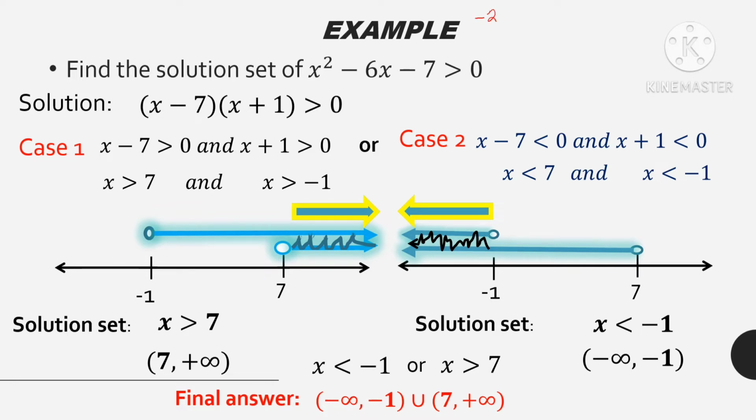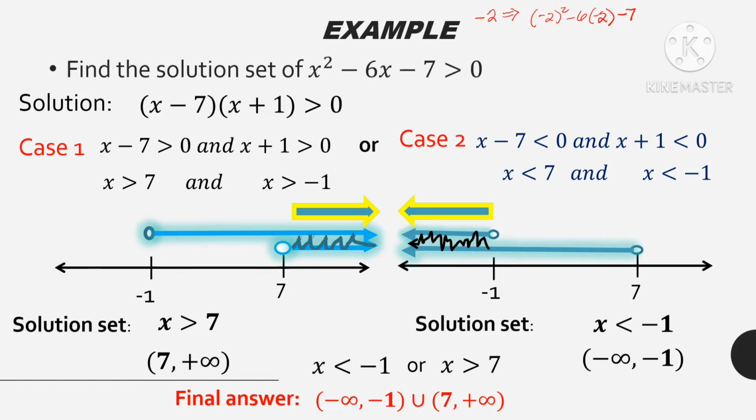If negative 2 satisfies it, meaning the numbers on the left side of negative 1 are the correct answer. Using the expression, you have negative 2 squared minus 6 times negative 2 minus 7. Let's see if it will be greater than 0. The result should be greater than 0, positive.